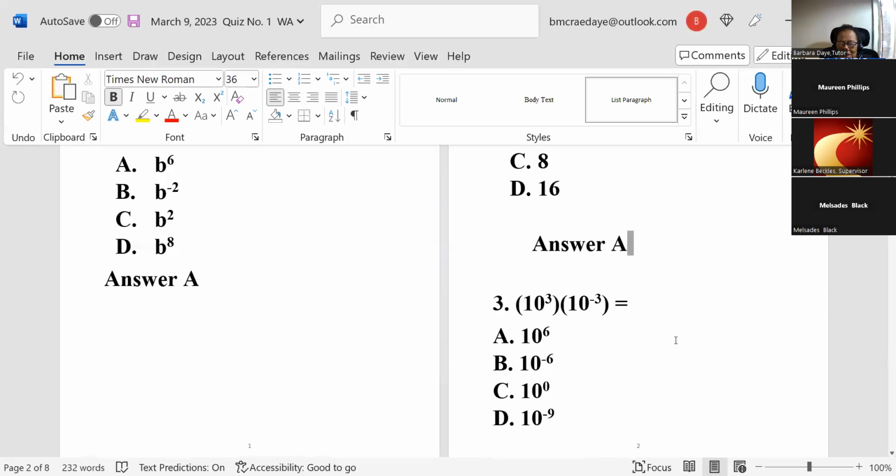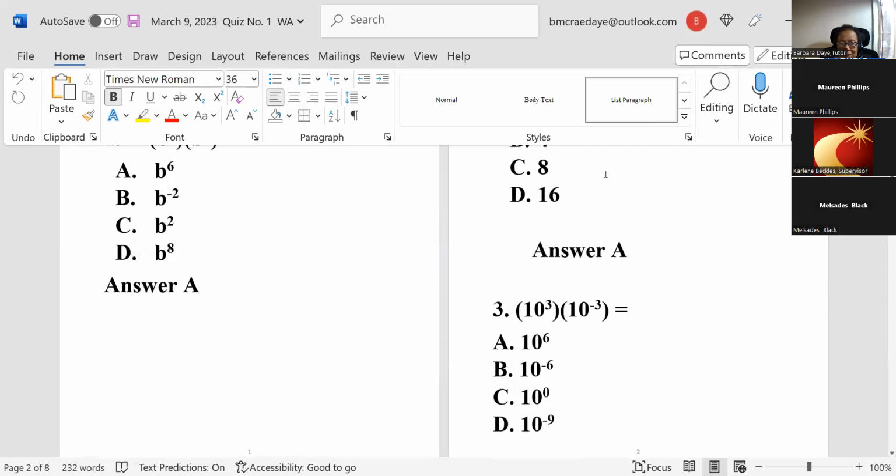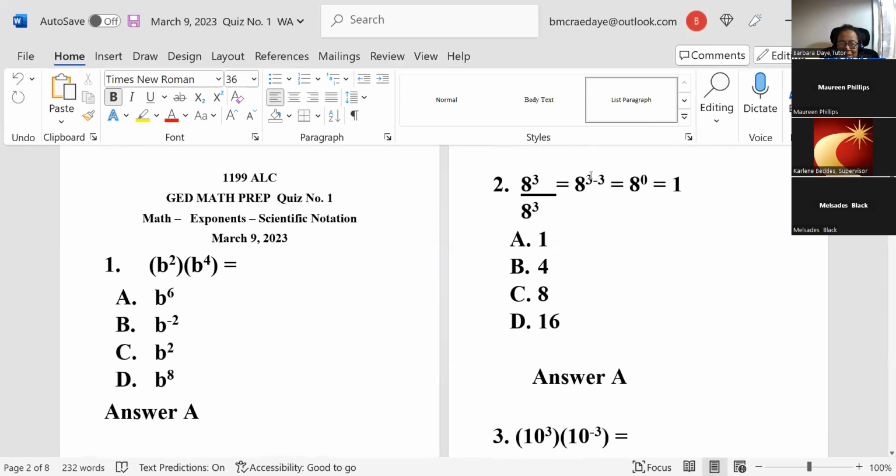Operations would be like 10 minus 10. But this is a sign on this exponent. So if you add them, it's exactly like number 2. 10 to the 3, and you have a 3 plus a minus 3, and it's just like this one.